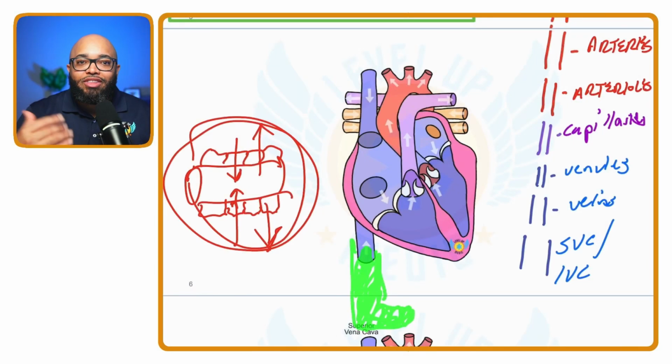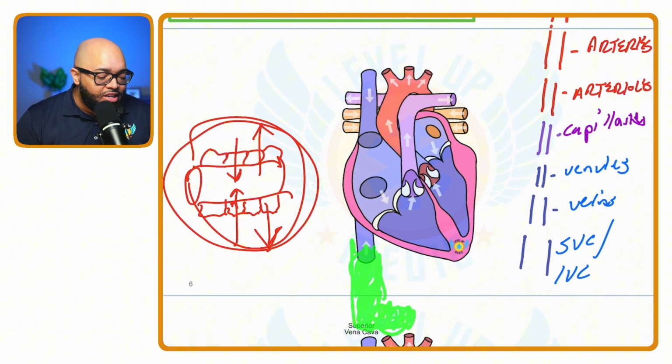So if this patient is having an MI, you give them nitro, you keep all this blood down in their feet. Well, if they're having a heart attack that's affecting the right side of the heart, let's say a right-sided MI, blood is down here in the lower extremities. The right ventricle is already not pumping effectively.